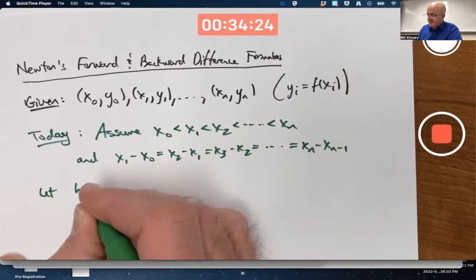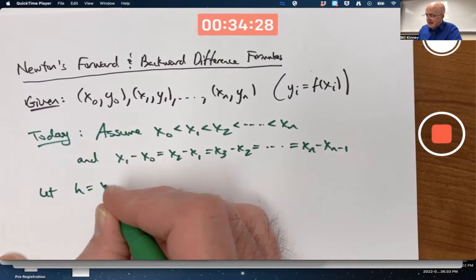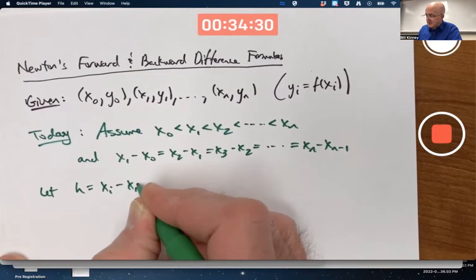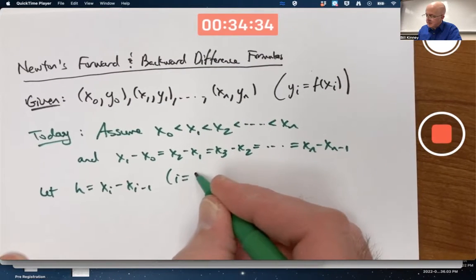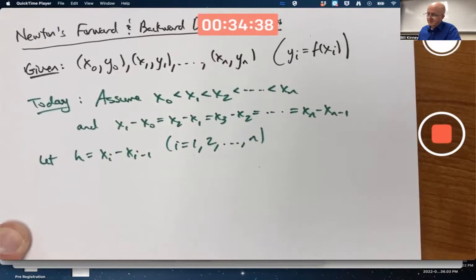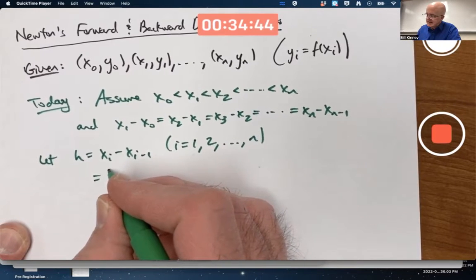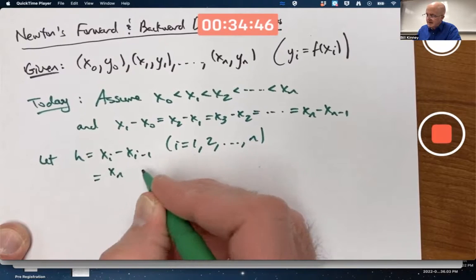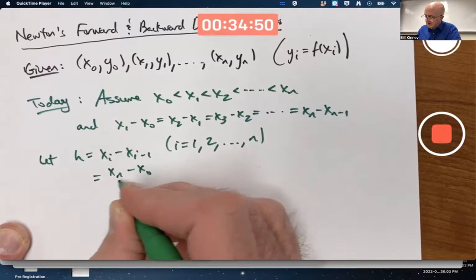Let h be that common distance, xi minus xi-1, no matter what i is, i equals 1, 2, etc. through n. That also would be the same as the right endpoint xn minus the left endpoint x0 divided by n, right?